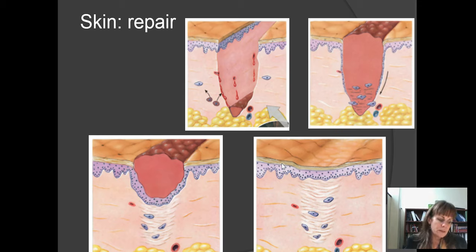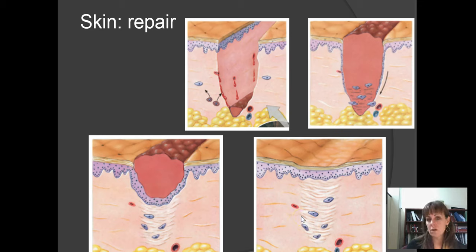There's a couple of reasons for that. One is that when these fibroblasts repair, they're going to put more collagen down than elastic. So that means that the skin in this area doesn't have as much recoil, and also it's going to have those denser collagen fibers. So that gives it a different texture.